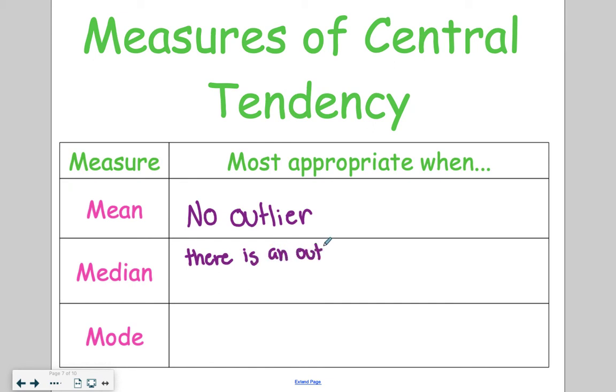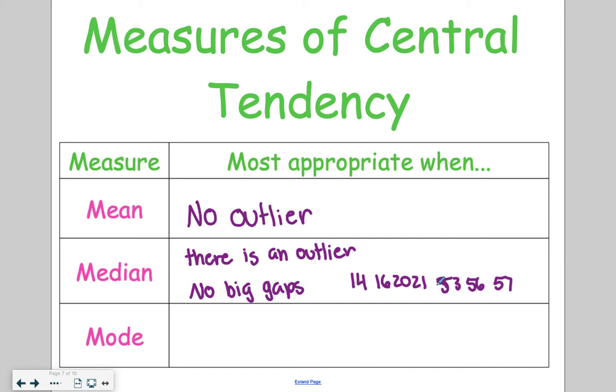And the other thing that is super important about the median is there are no big gaps in the data. So if you have a list of numbers like 14, 16, 20, 21, and then all of a sudden it jumps to 53, 56, 57, that's not going to be a good set to use with the median because there's a big gap in the middle.